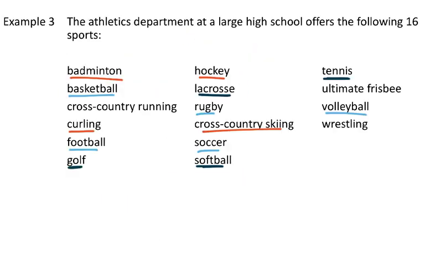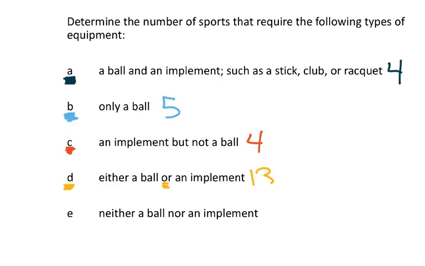So, badminton uses one, basketball uses one, curling, football, golf, hockey, lacrosse, rugby, cross-country skiing, soccer, softball, tennis, and volleyball. Every single one of those activities uses a ball or an implement or both. So that would be 13 of those activities.